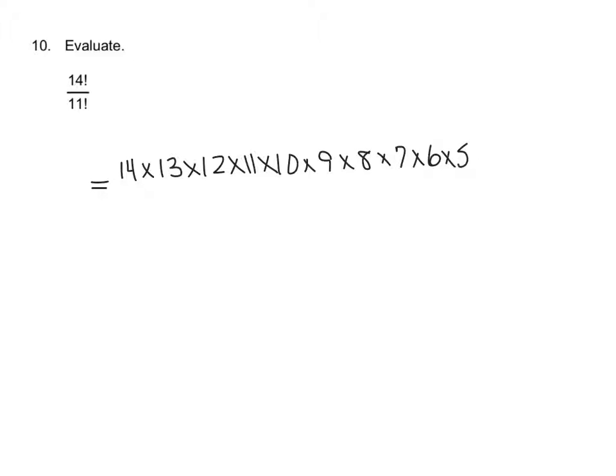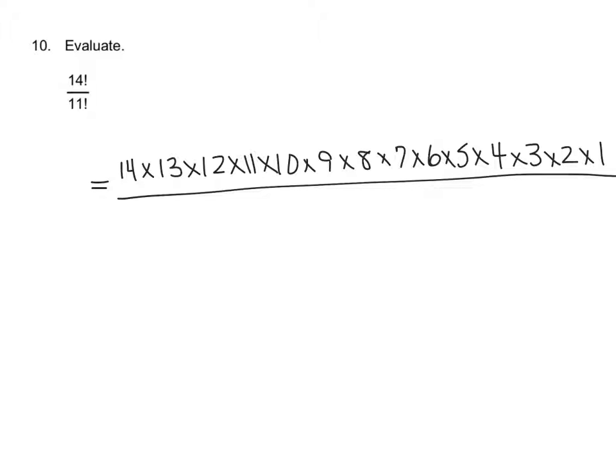Evaluate 14 factorial divided by 11 factorial. If we were to write this out, we would have 14 factorial on top, which is the same as 14 times 13 times 12 times 11 times 10 times 9 times 8 times 7 times 6 times 5 times 4 times 3 times 2 and times 1.